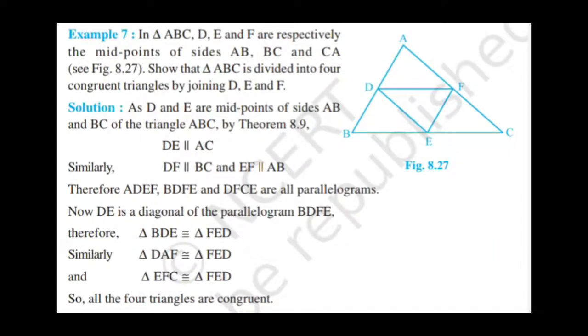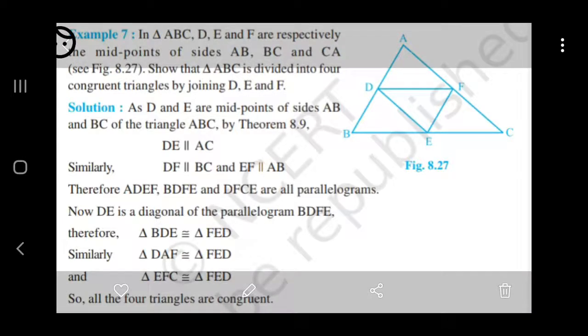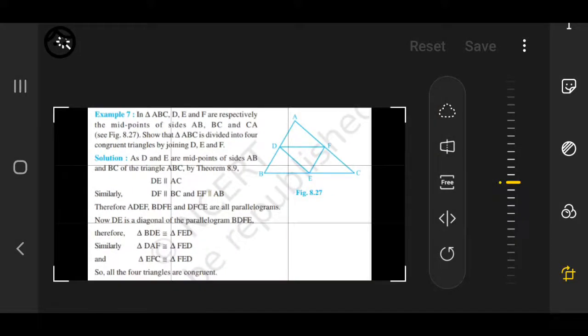Here, D is the midpoint of AB and F is the midpoint of AC. So, by using the midpoint theorem, DF is parallel to BC and also DF is half of BC.